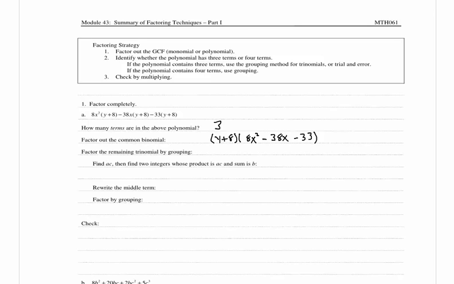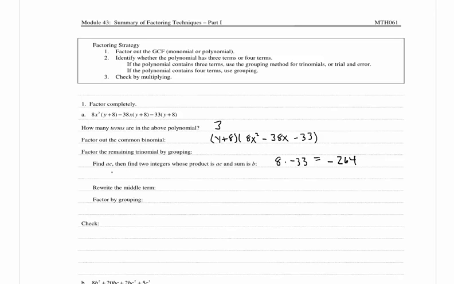And it says find AC, then find 2 integers whose product is AC and sum is B. So A is 8 and C is negative 33. So 8 times negative 33 is equal to negative 264. So we need 2 integers that multiply together to give us negative 264 and add together to give us negative 38.